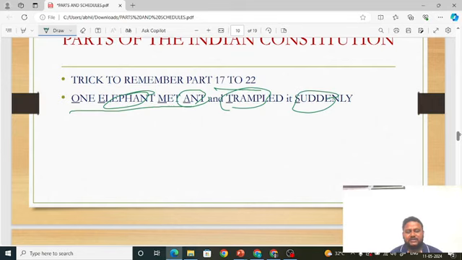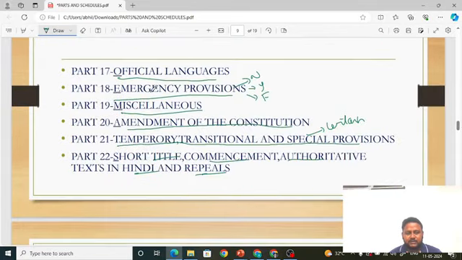Okay, what does one stand for? One stands for the letter O, official languages. Elephant, E, stands for emergency provisions. Met, M, stands for miscellaneous. Ant stands for amendment of the constitution. Remember, friends, amendment of the constitution.